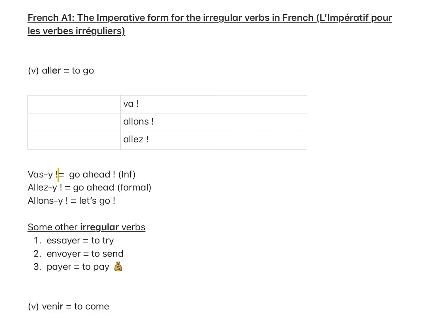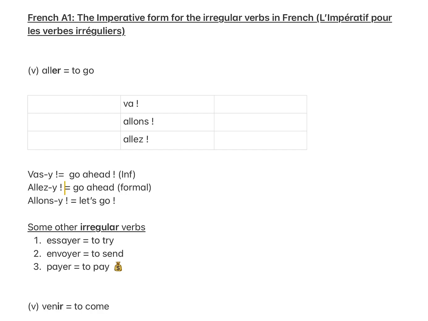Vas-y means go ahead. That is in the informal way. So as you can see, va, whereas we have also an expression in the imperative form which is vas-y, that means go ahead.